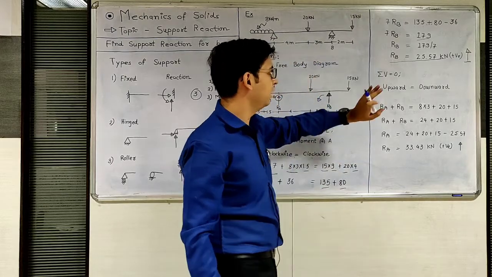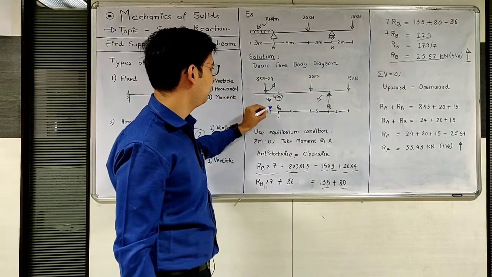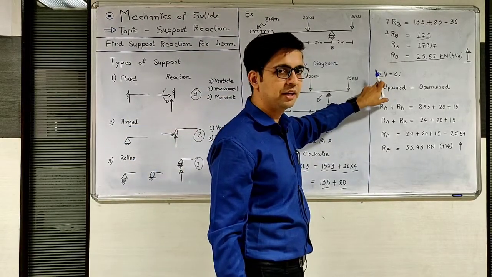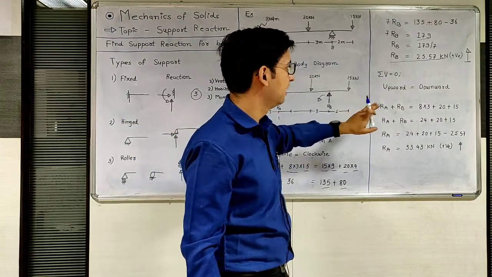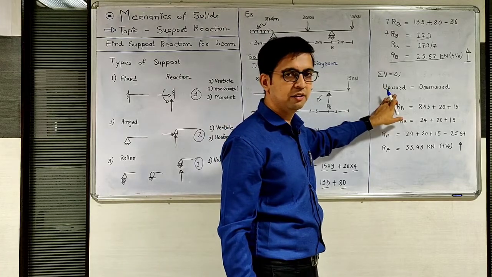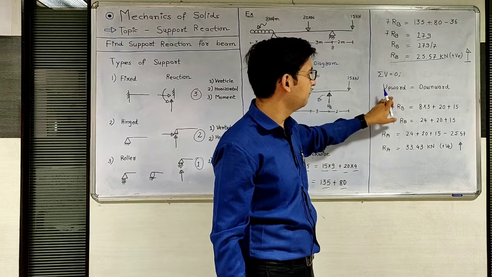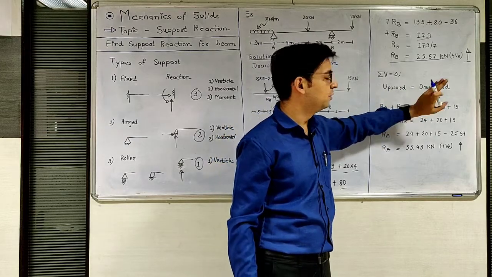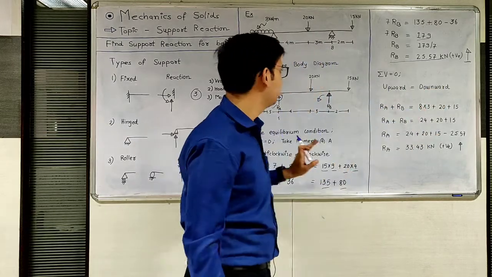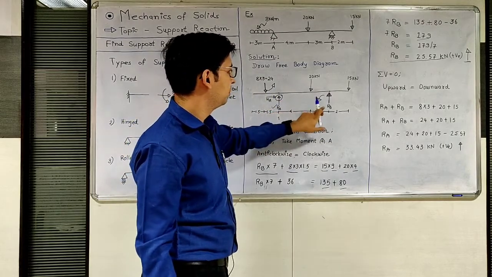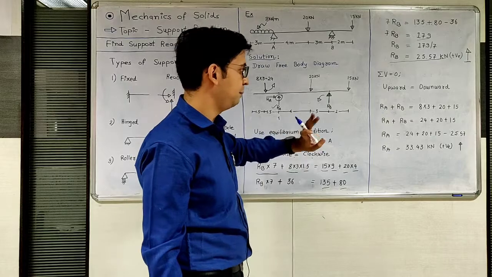Now to calculate the value of RA, use the second equilibrium condition, sigma V equal to 0, which means the algebraic sum of all vertical forces at that point is 0. In other words, upward forces equal downward forces. For this example, the upward forces are two, which are RA and RB.